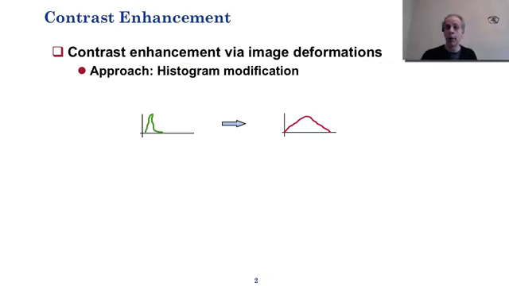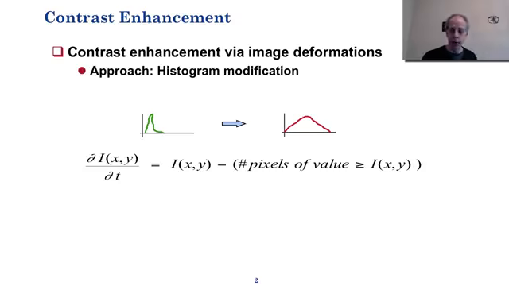Now, how are we going to do that? In this particular case, we're going back into histogram modification. We know how to do that. We learned that. It's just a simple map that we learned a few weeks ago. So here is how you do it with a partial differential equation as an illustration. Here is the partial differential equation. You're going to deform the image according to its own pixel value at the given pixel minus the number of pixels that are greater than you.